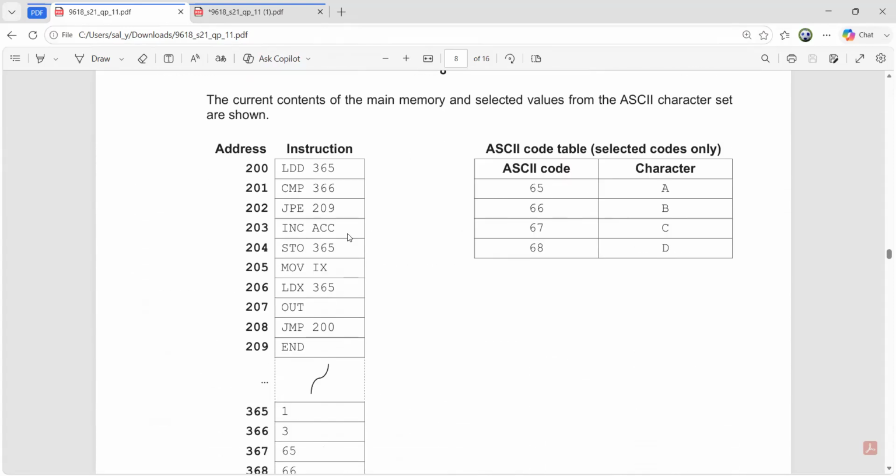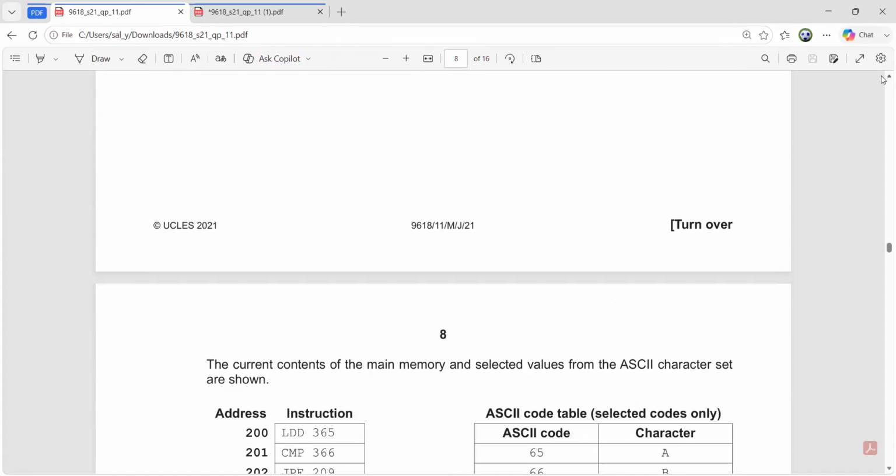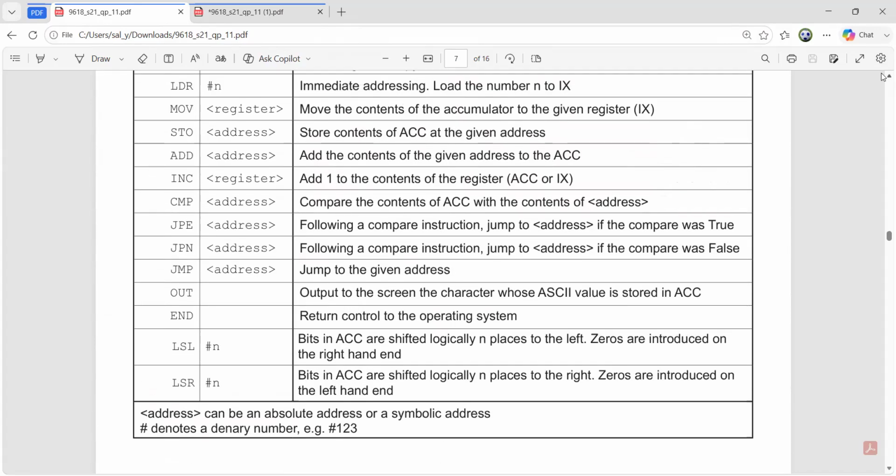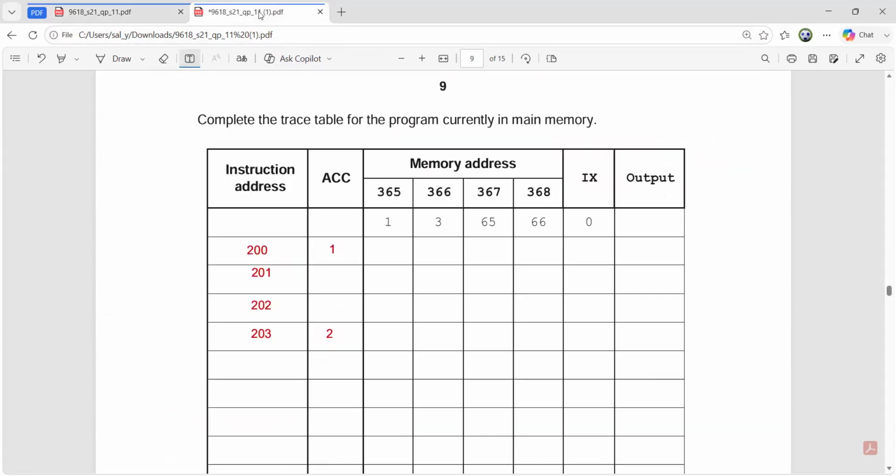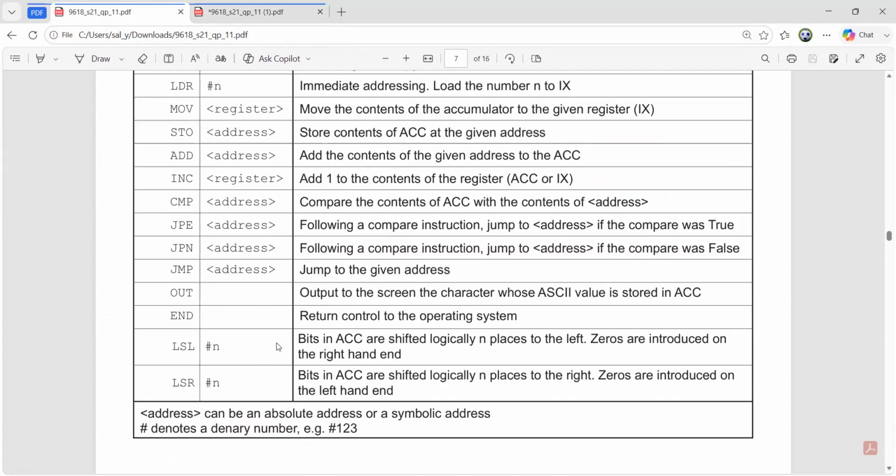Next is STO 365. Now, what is STO doing? STO means store the contents of ACC at the given address. So whatever is present in ACC will be stored in your desired location, that is 365.